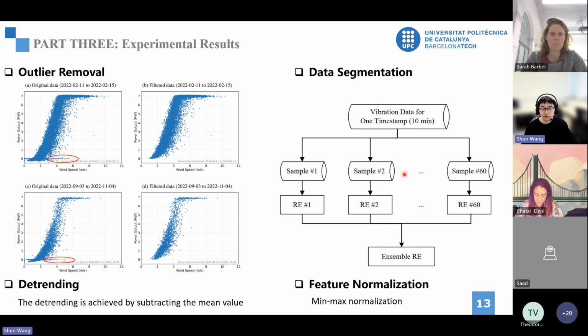We calculate the reconstruction errors for each sample, then average them into one value for this timestamp. Third, we center the vibration data around 0 by removing signal biases. This helps with feature extraction. Last, we apply min-max normalization to ensure all measurements and features are on the same scale.